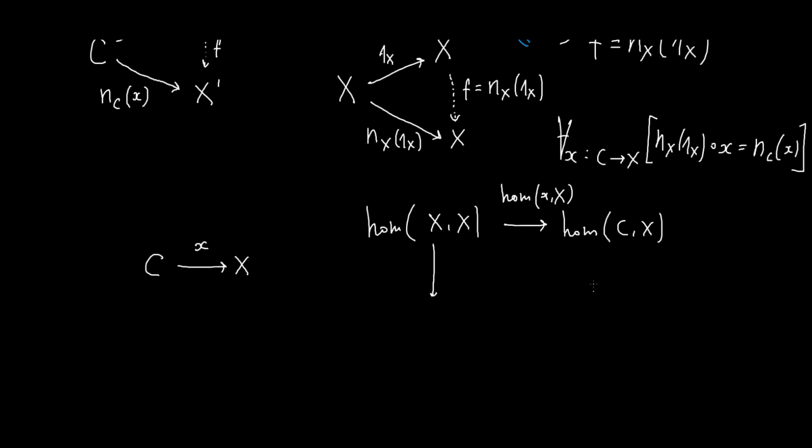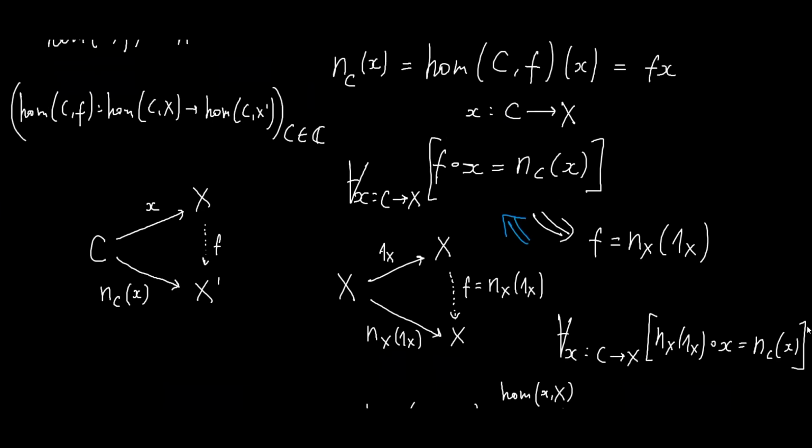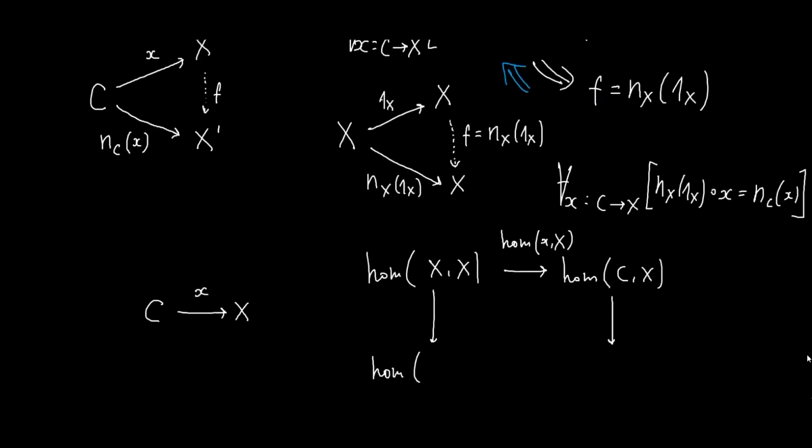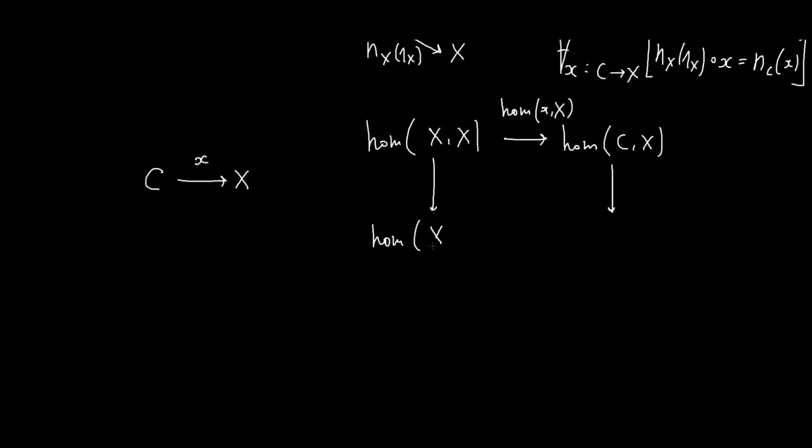Then we have the natural transformation that runs vertically, where now we consider here the other functor. What is the other functor? The other functor is hom dash X prime, right? So that one, and that one here, and here we have hom X prime.